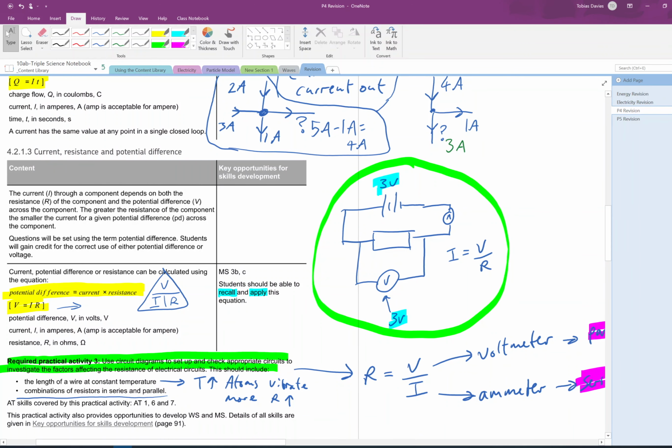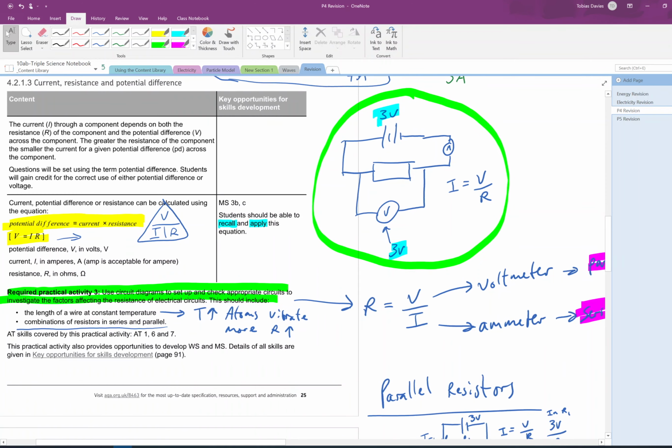So in terms of practical skills, you need to have done things with circuits, either on simulators or in reality. Because resistance is a property of a circuit, you're often asked to look at the resistance of electrical circuits.